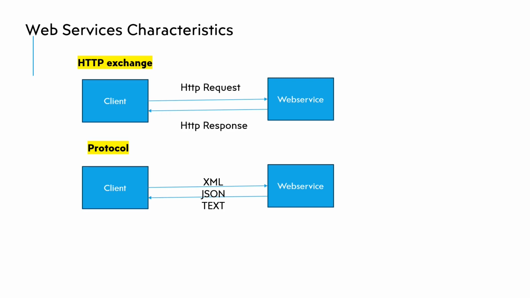It depends upon the contract between the client and web service, and they can use any. For example, XML is more popular with SOAP, and JSON is more popular with REST web services. So the data exchange between the two components happens via XML, JSON, or text.